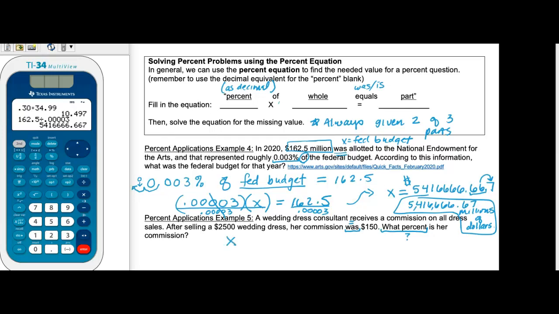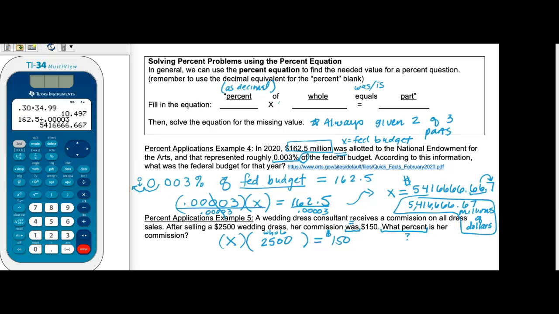So what percent of, this is going to be my whole here, what am I taking this percentage of? Well, the entire wedding dress. So what percent of the wedding dress was, which we're going to put an equal sign there, $150. So here's your equation. X times $2,500 is equal to 150.